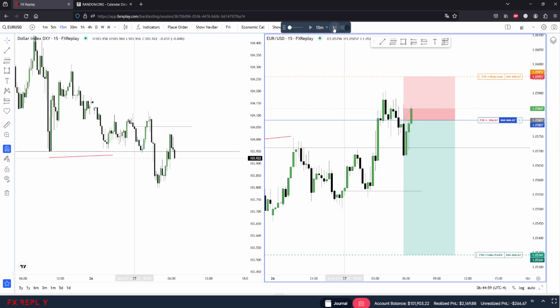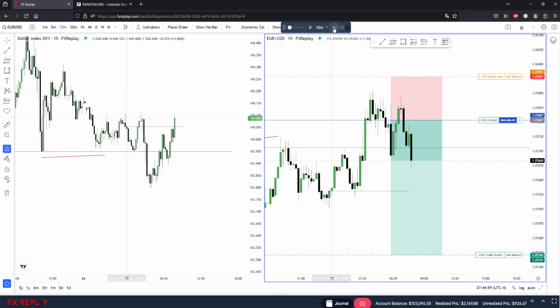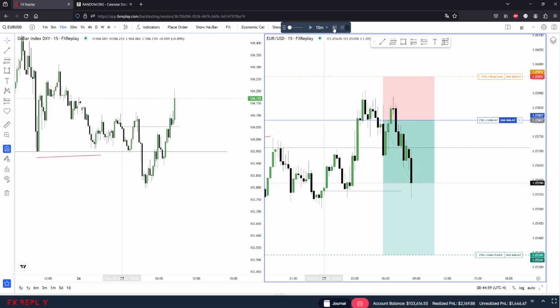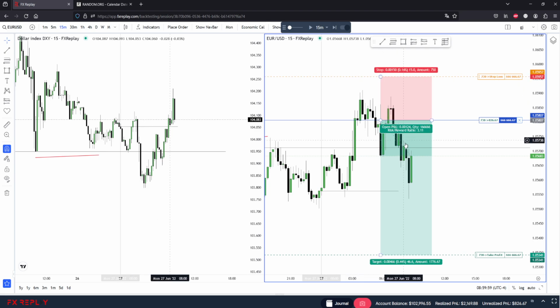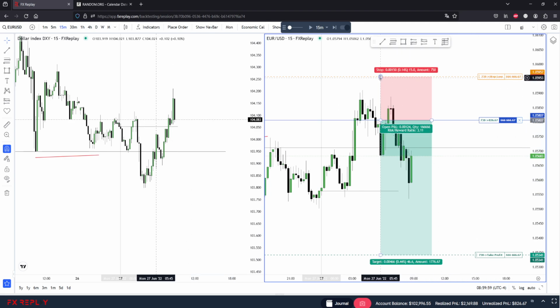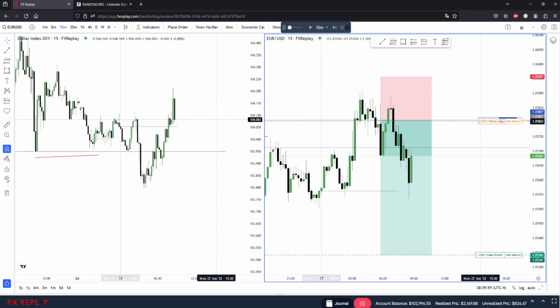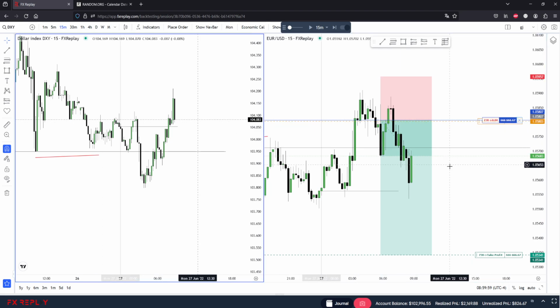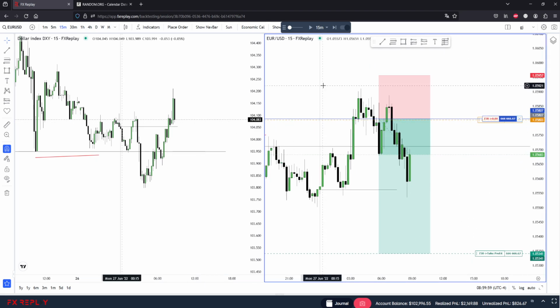Okay, we got tagged, dropped initially. Yeah, then we're gonna go break even on this because this is very choppy right now. You don't really want to sit in here, but I should have taken profit at this low actually. That's like a 26 drop. So I would count this as a winner anyway. But I will go break even because this is starting to get a little bit choppy.